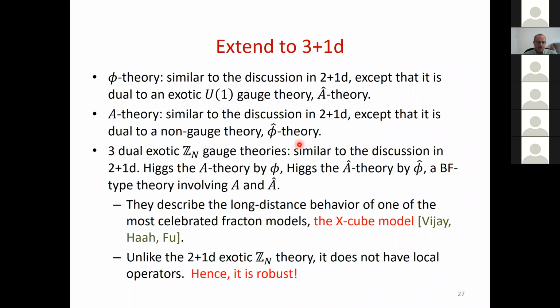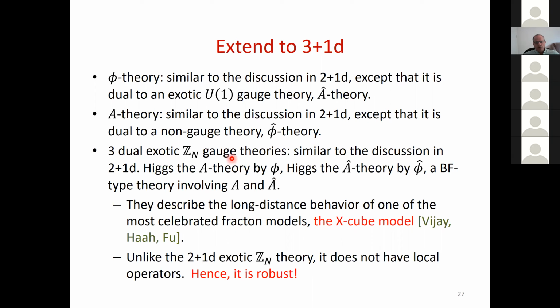And then we can combine the matter system and the gauge fields. We can combine phi and A in Higgs the U1 to Zn, or we can combine A tilde with A hat with phi hat in Higgs U1 to Zn, or we can dualize them and couple just A and A tilde. So this gives us 3 dual descriptions of Zn gauge theory in the continuum.